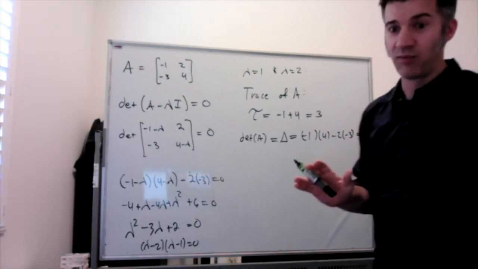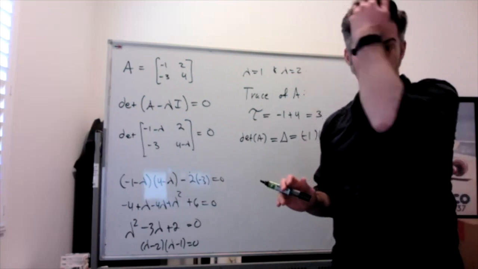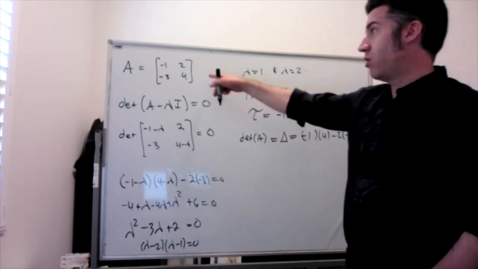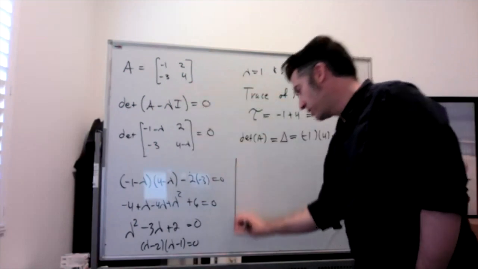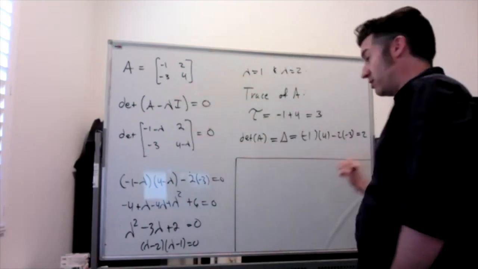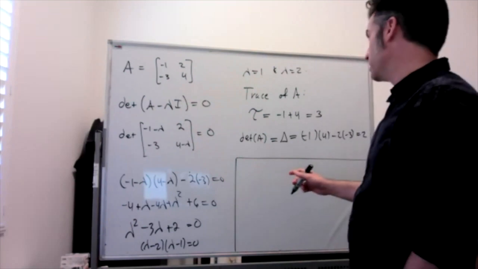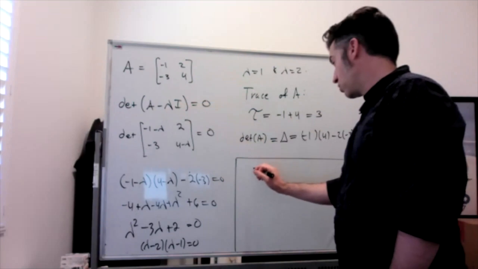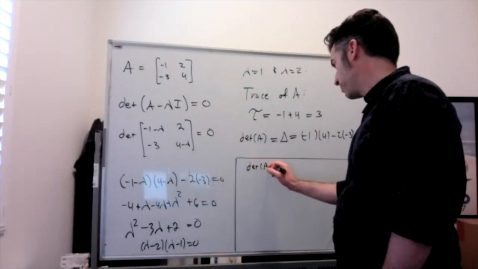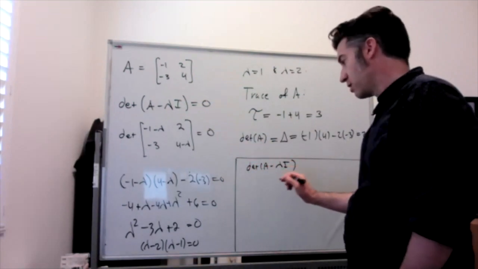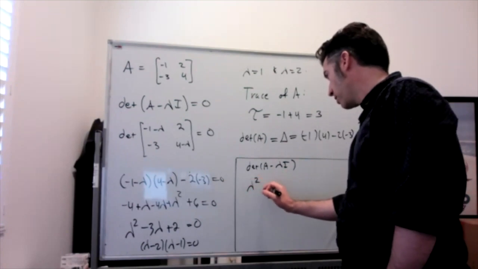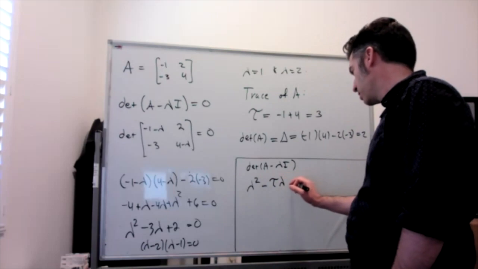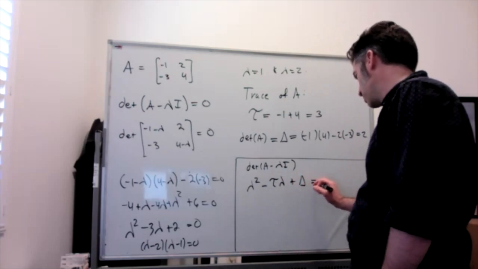So here's something I really think is worth your time to remember. When you're finding the determinant of A minus lambda I, what it actually works out to be, and this is always true, is lambda squared minus the trace times lambda plus the determinant.